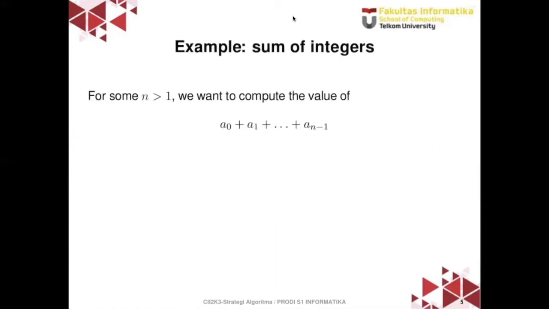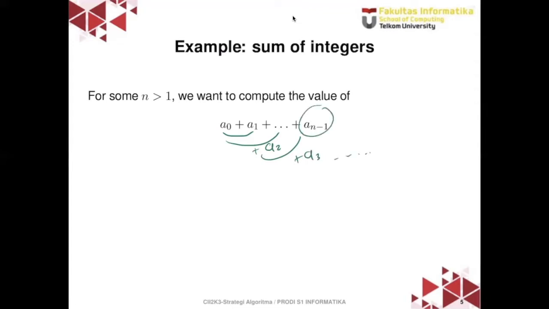This is an example of the divide and conquer technique. Let's say we want to sum some integers. By brute force, we will have the sum of a0 plus a1 first, and then we add it with a2, and after we get that, we add it with a3, and so on until we reach a n minus 1.